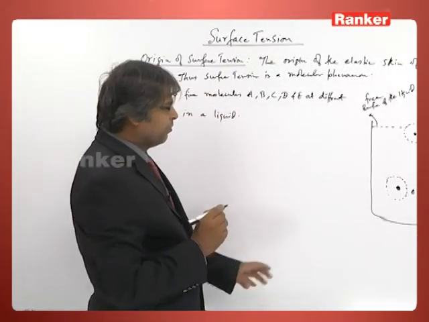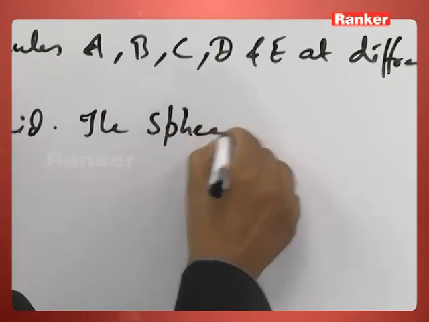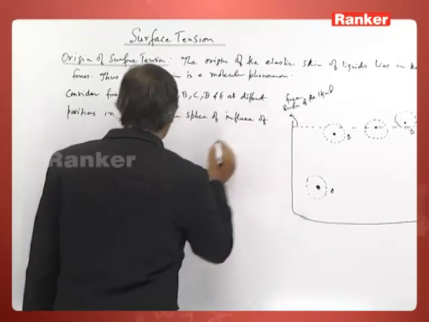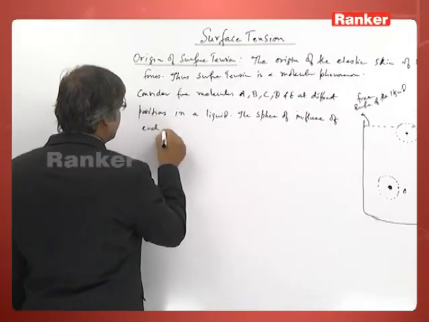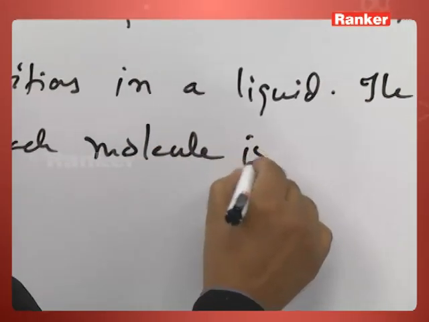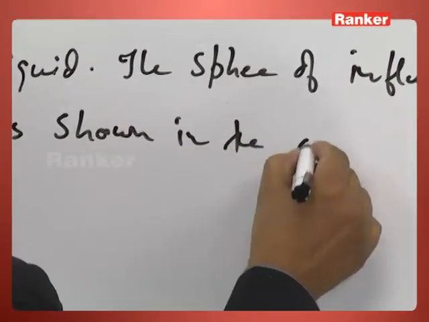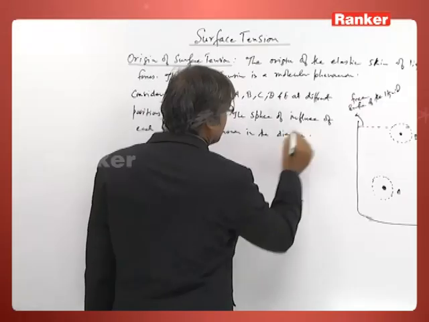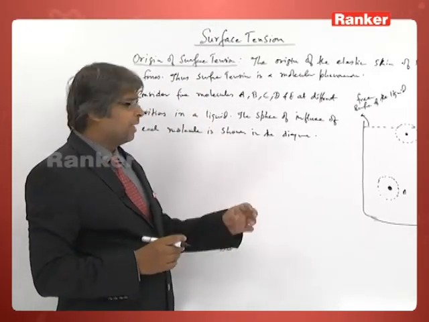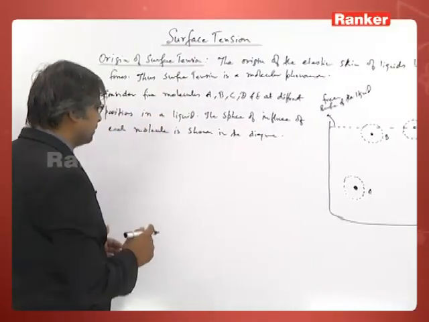The sphere of influence of each molecule is shown in the diagram. So, now let us start one by one with first A, B, C, D and then finally E.